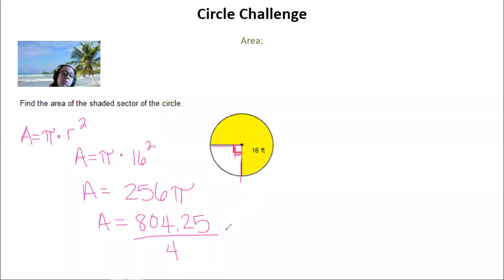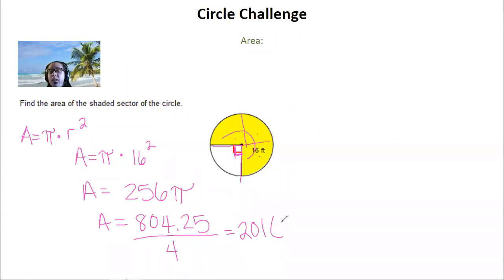Okay, so by 4, you'd think that we could take that area and divide it by 4. And if we did that, that would tell us each section, right? You guys agree with my thinking? 201. Yeah, so then 201, that's the area of one of those little sections. What would I multiply that by to get all 3 areas?